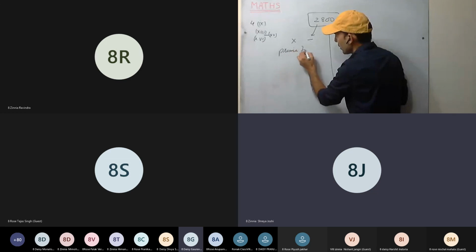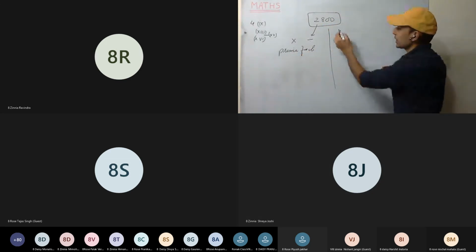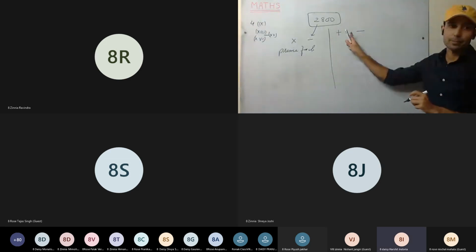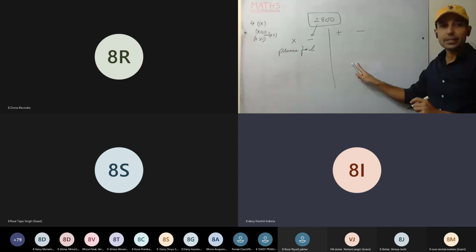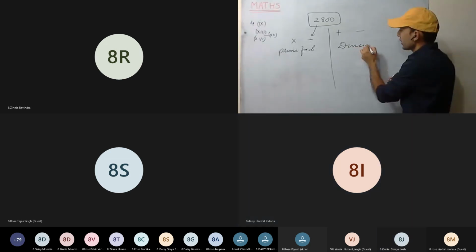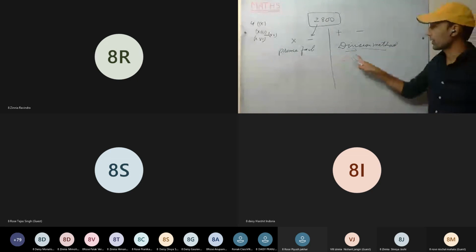Prime factorization. Or if we have to add something or subtract something from this number, then the division method. If we require the remainder, then we require long division, or the division method. Many students have forgotten this, a few students.